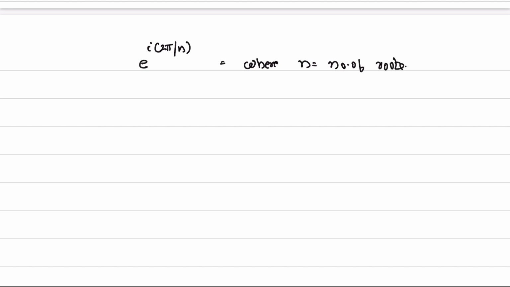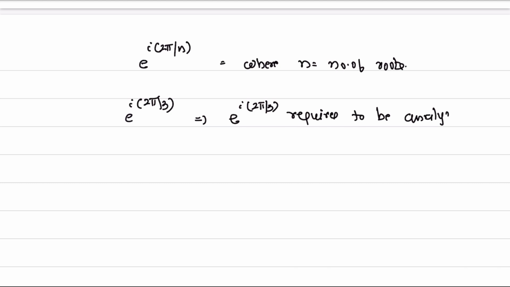If you want 3 roots, it will be e to the power of i into 2 pi by 3, which requires to be analyzed for 3 roots. Are you able to understand? Please understand it carefully.